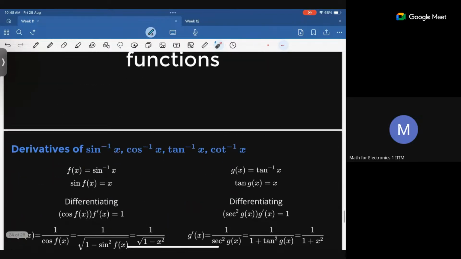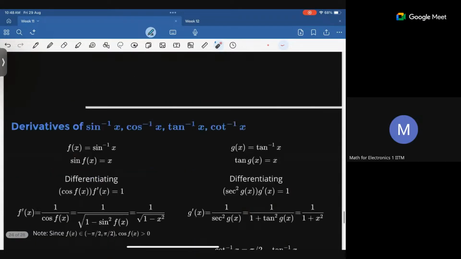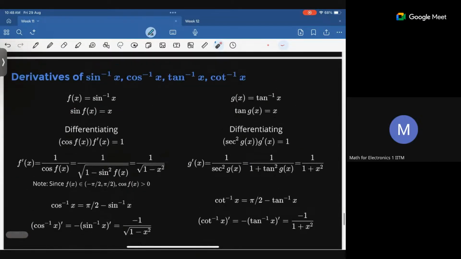Okay, so that is about inverse trigonometric functions, and yeah, these derivatives are also really important, right? So sine inverse of x, if I take the derivative, right? These things I think we have done in week 11, but the final expressions are really important.